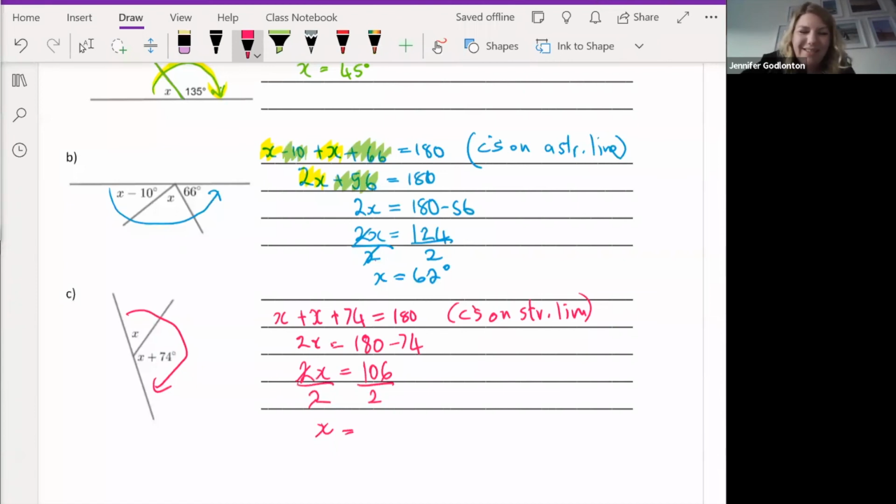My x is going to equal 104. Oh, so careful here. 106 divided by 2, that's going to give me 53 degrees. Oh, I got 104. Yeah, I think you know what you did, sweetheart. You said 106 minus 2, but it's divided by 2. Oh yeah, I just saw it right now. That's fine, but you got all of this first part right, which was awesome.